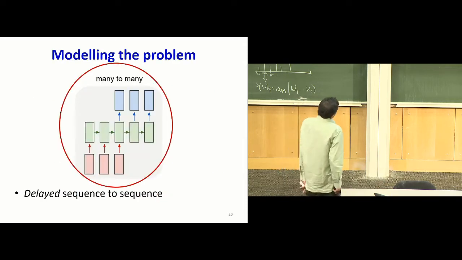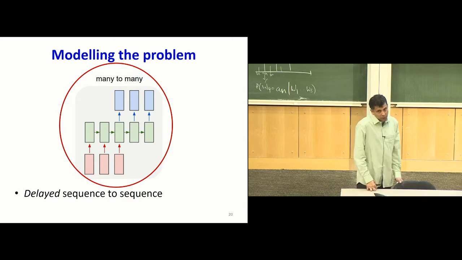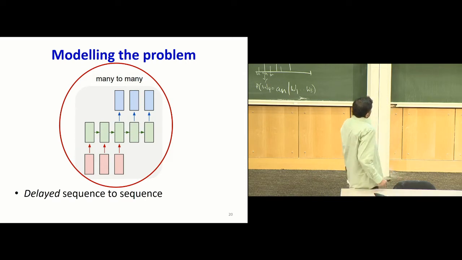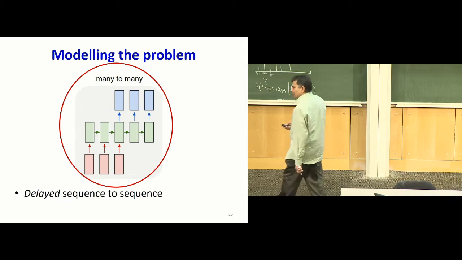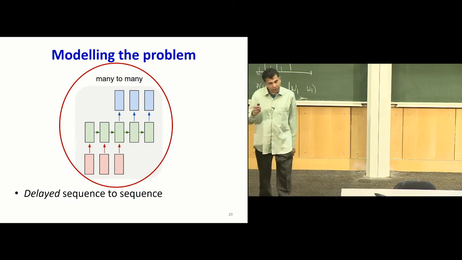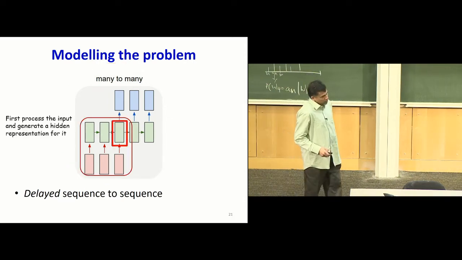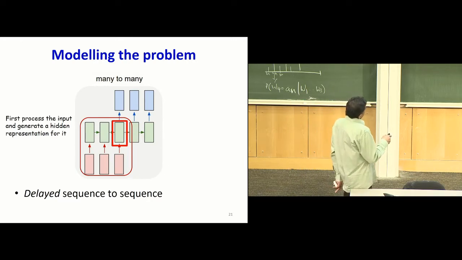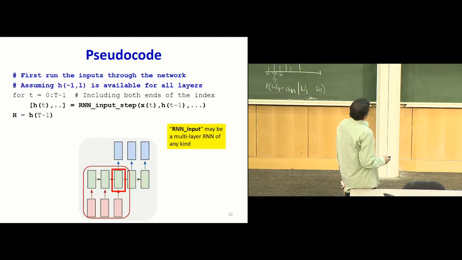So the model that we will use for this problem is this one here, what we call the delayed sequence to sequence model, where you have a sequence going in and a sequence coming out. The manner in which we will do it is that we have one part of the model which first processes the input and produces a hidden representation for the input. Here's a little bit of pseudocode for it. This is just for reference.